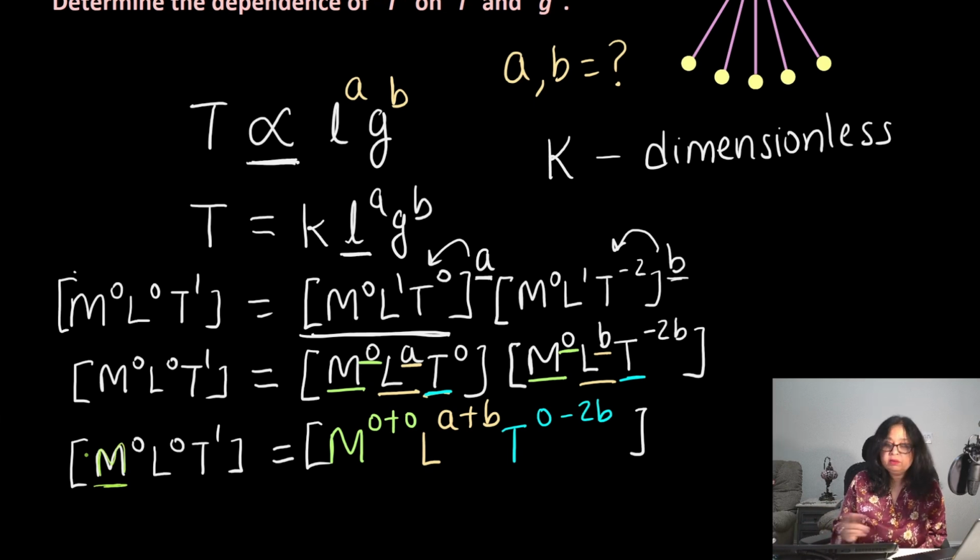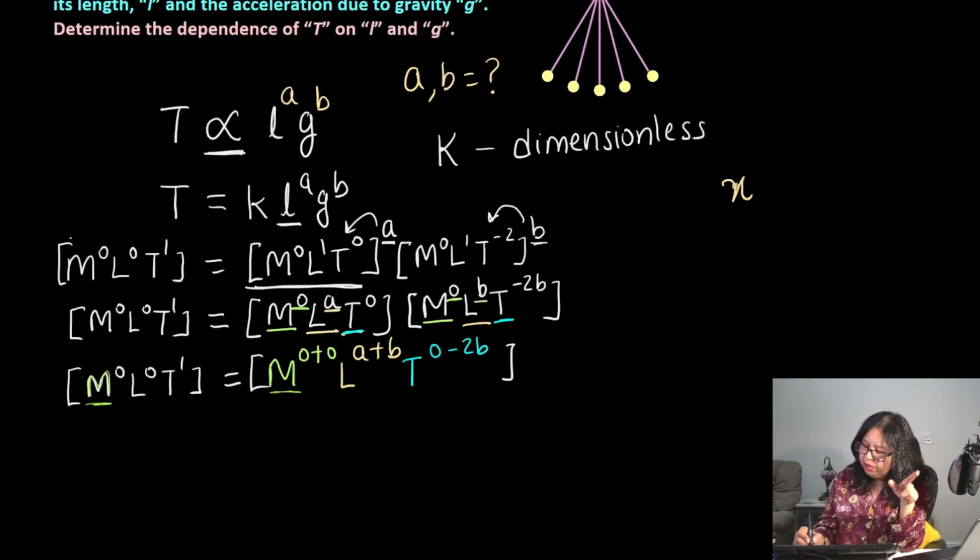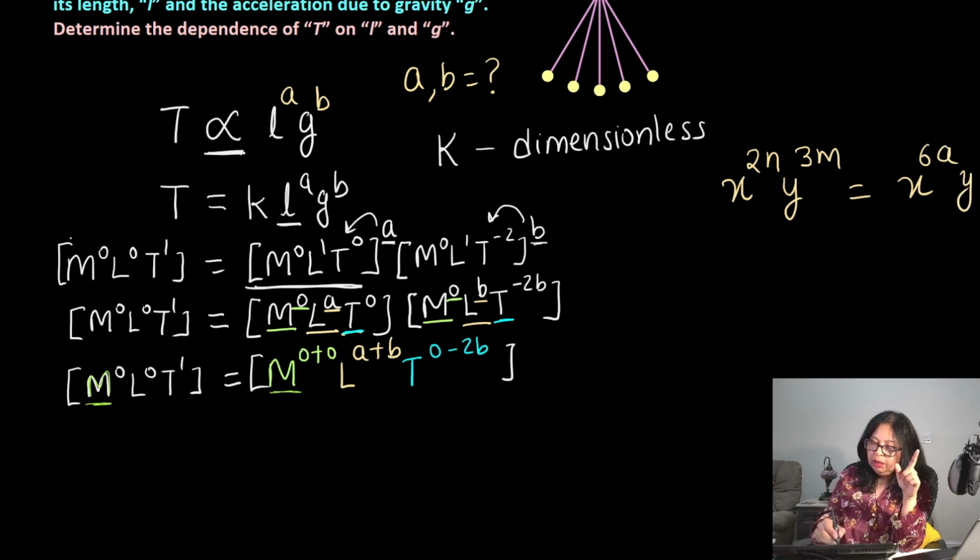Next, wherever we see the same factor, like M on the left-hand side and M on the right side, we equate these two. It's like saying if I have an equation x to the power 2n times y to the power 3m equals x to the power 6a times y to the power 0. Here you have the factor x to the power 2n on the left side and x to the power 6a on the right hand side.